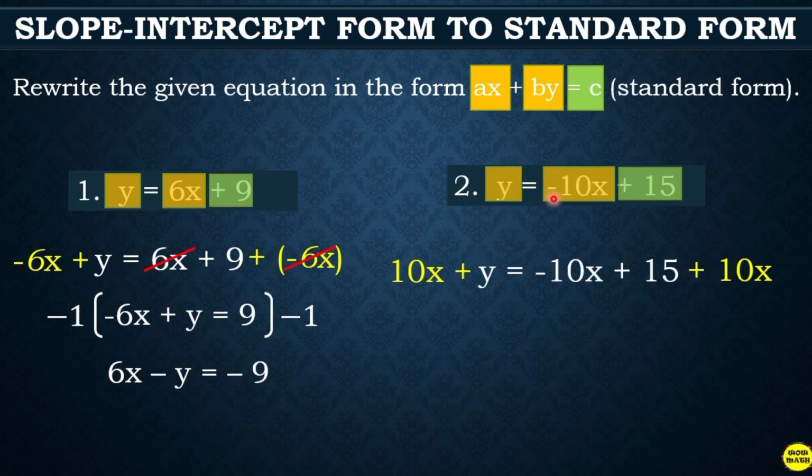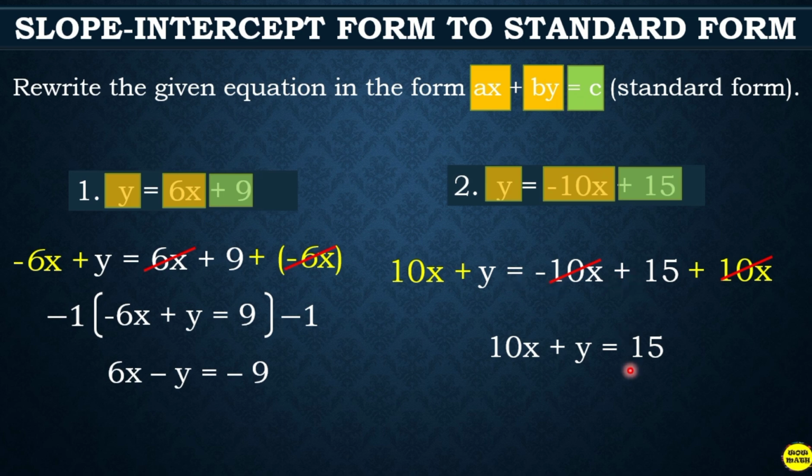Okay? So, ang i-add natin ay depende ha. Dapat kasi opposite sign sila para makancel. Kagaya nito, positive, so ang in-add ko negative para makancel. Okay? Now, this one, since negative siya, ang in-add ko ay positive 10x. Okay. So, makakancel na natin siya. And then, we will now have 10x plus y equals 15.